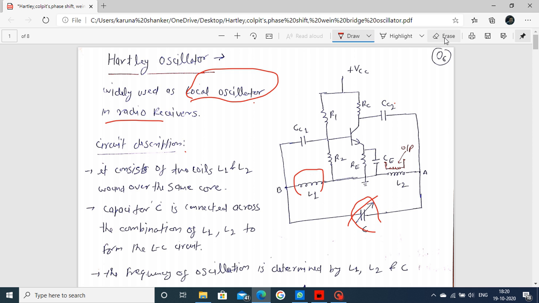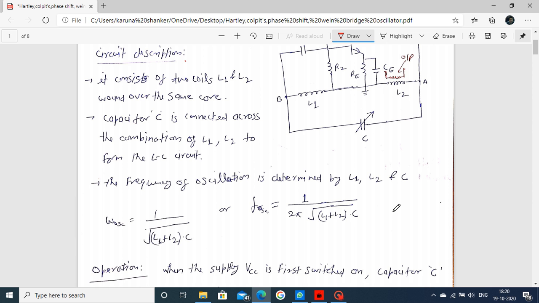Also note this point: L1, L2 and C. These three components in combination work as an oscillatory circuit, a tank circuit. A tank circuit has two components, an inductor and a capacitor. Here there are two inductors, L1 and L2, in series combination, and the C is in parallel. These form an oscillatory circuit or tank circuit.